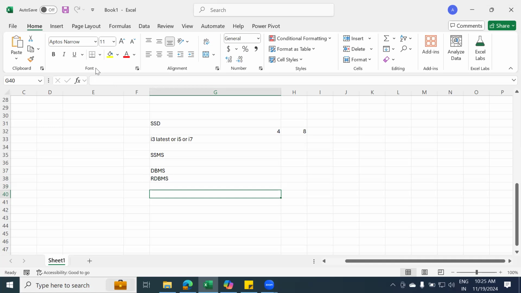Yeah, thank you so much, sir. What is the difference between both of them? This is a must-know concept, because if you don't know this concept, you can't understand the database language.